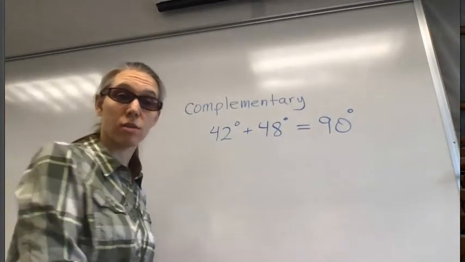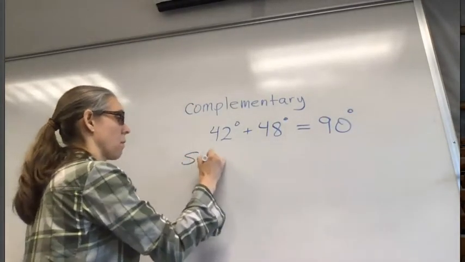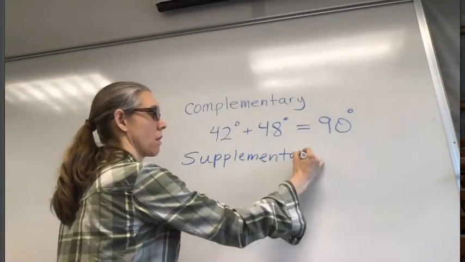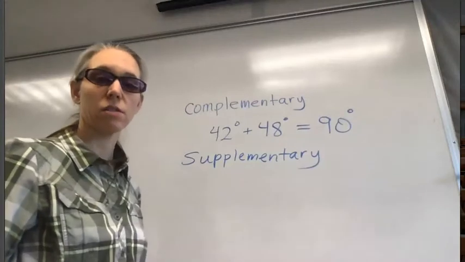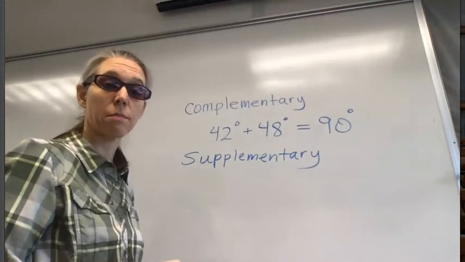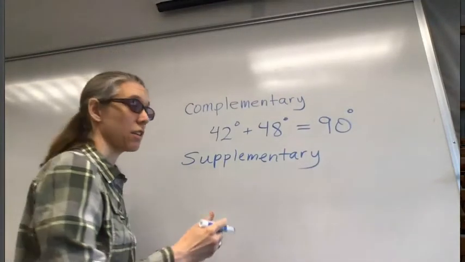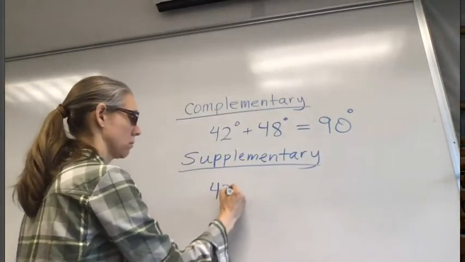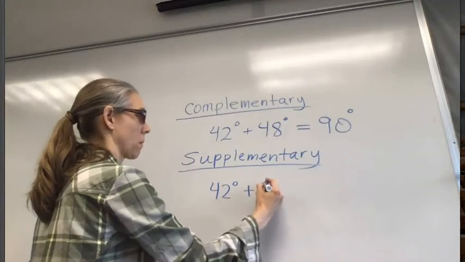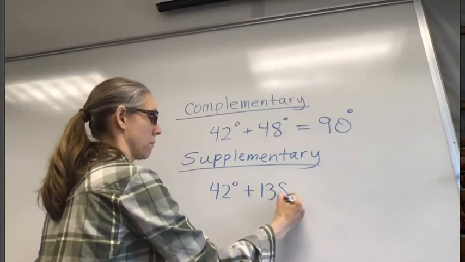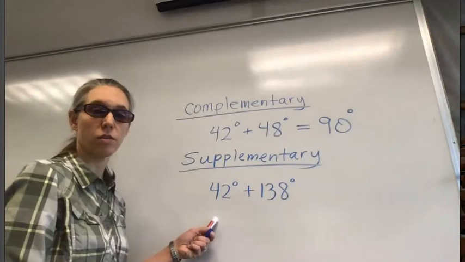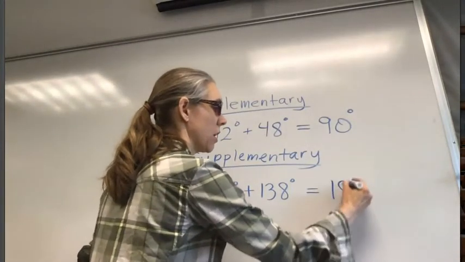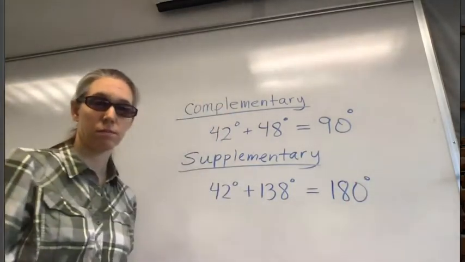That would be complementary angles. Supplementary angles are when two angles add up to 180 degrees. So this time, 42 degrees plus 138 degrees is equal to 180 degrees.